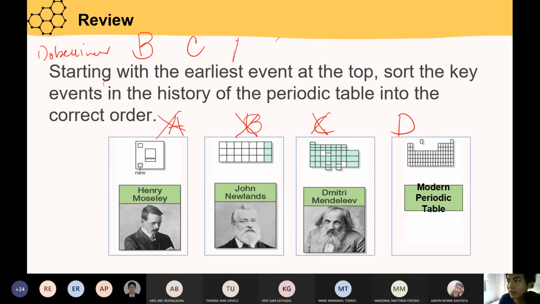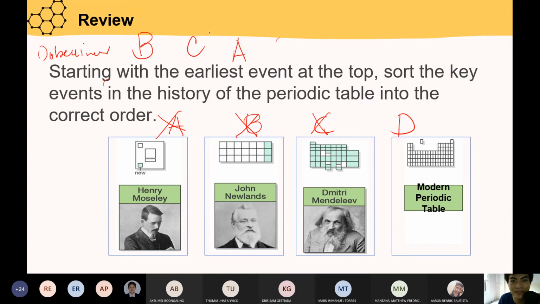There. Henry Moseley. What did Henry Moseley do? He only said that instead of telling us that the elements are arranged in terms of their atomic masses, why not say in terms of atomic number instead, no? Why? Because atomic numbers are integers, no? And it will be easier to comprehend, no? Than the masses, no?